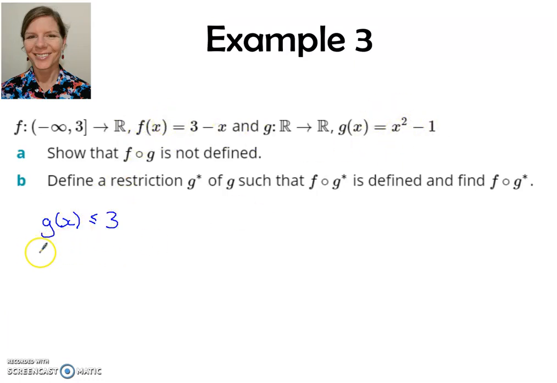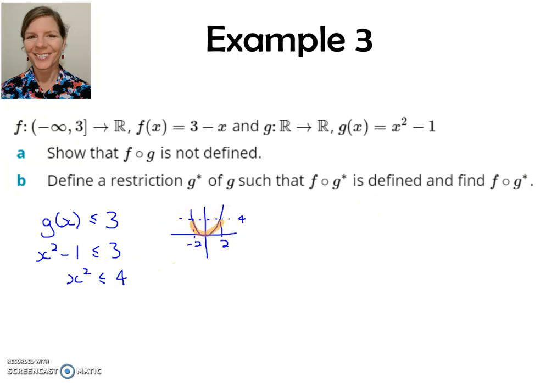Now we've got x squared minus 1 is g of x, that's going to be less than or equal to 3. So x squared is going to be less than or equal to 4. And again, using our little diagram, we've got x squared, we've got 4 up here. We know that's going to be minus 2, that's going to be plus 2. But this time we're actually looking for this bit in here, because we want the values such that x squared is less than or equal to 4.